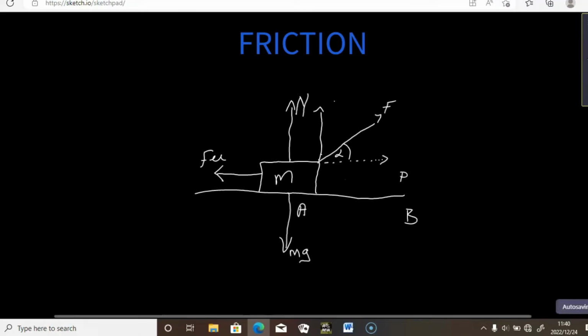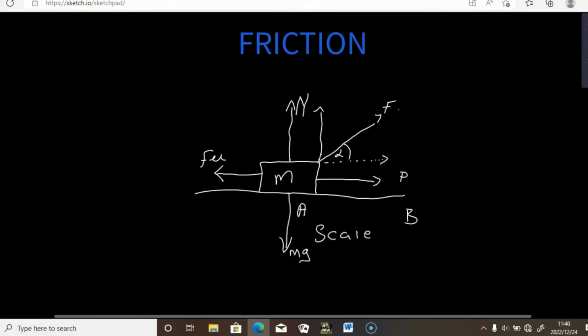And this other component is a lifting force. It's a force that is trying to lift the object from the ground. So if, let's say, we were having a scale here and we apply the force that we applied before, the reading on the scale will not change.